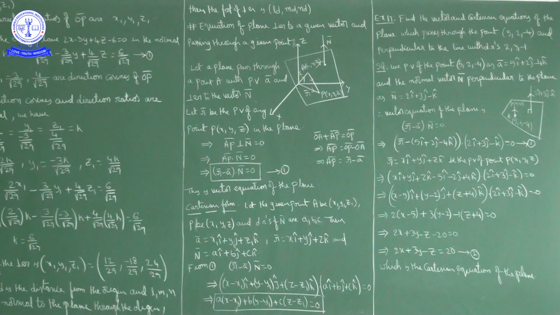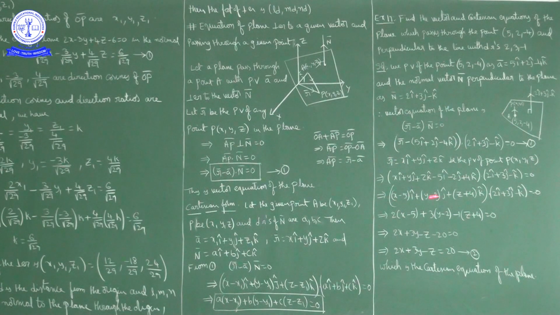Further, we can write (x minus 5) i cap plus (y minus 2) j cap plus (z plus 4) k cap, dot product with 2 i cap plus 3 j cap minus k cap is equal to 0.